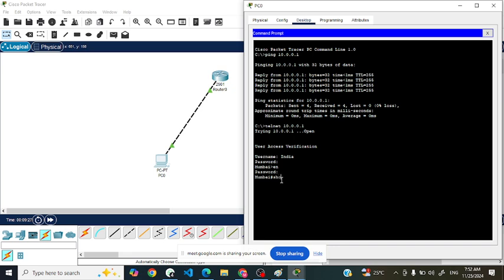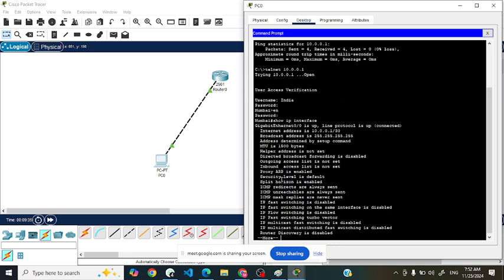Show IP interface. So are you seeing it is showing that GigabitEthernet 0/0 is up, means this interface is up, line protocol is up, and the IP address is 10.0.0.1/30, what we configured.